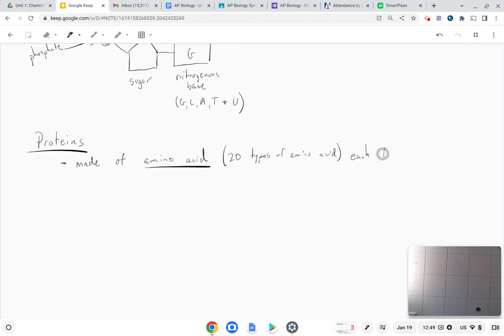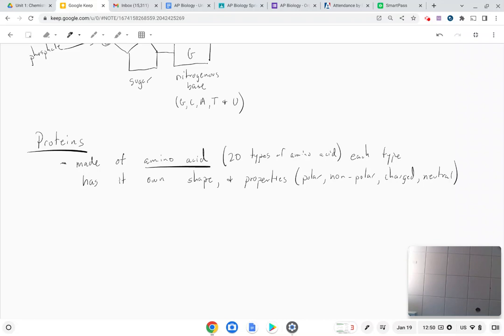Each type has its own shape and properties. For example, some amino acids are polar. Some are non-polar. Some are charged, while others are neutral. So there's a lot of variability in these 20 amino acids, and that's actually what gives us the variability in the types of proteins we can make.